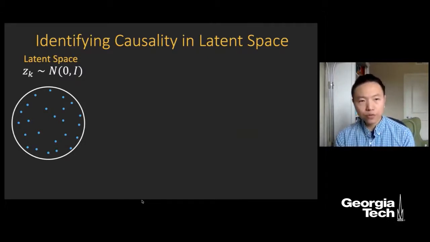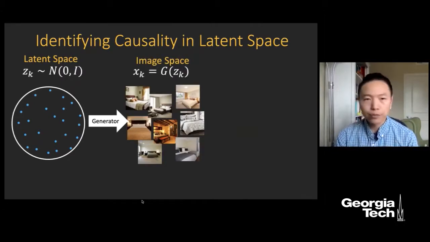Basically, we first generate a lot of latent vectors by sampling from a normal distribution, just a Gaussian distribution. Then we throw them into the generator, and the generator generates a lot of images, giving us this image space.